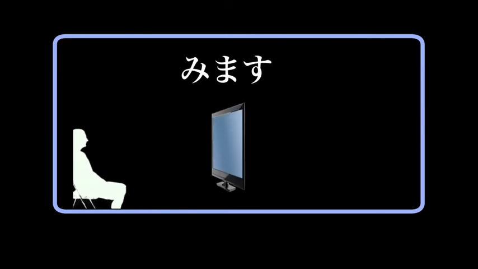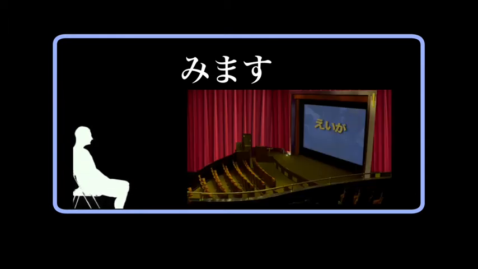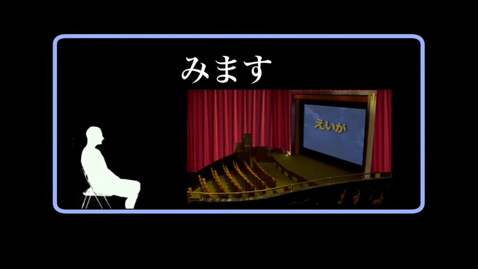The Japanese verb for to watch is simply mimasu. For example, to watch television. Terebi o mimasu. Or to watch a movie. Eiga o mimasu.